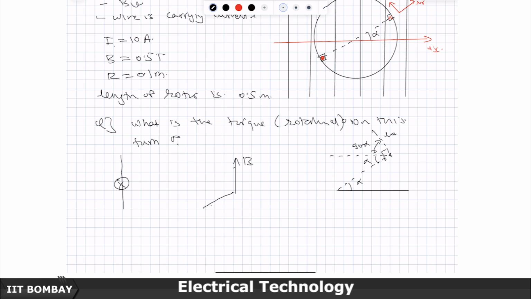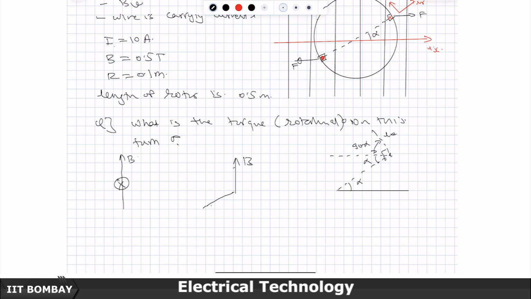When I run the right handed screw from V to B, I will get the force to act in this direction, right. So I will get the force from V, which is directed downwards, to B.